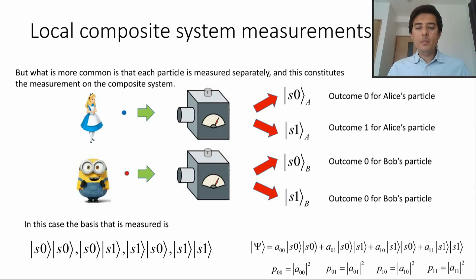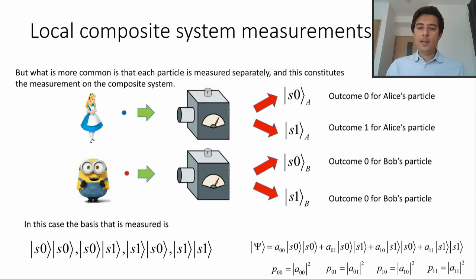But what's actually more common is that each particle is measured separately using a separate device. This is a real-world issue, because generally it's more difficult to measure the composite system, since particles have their physical identity.